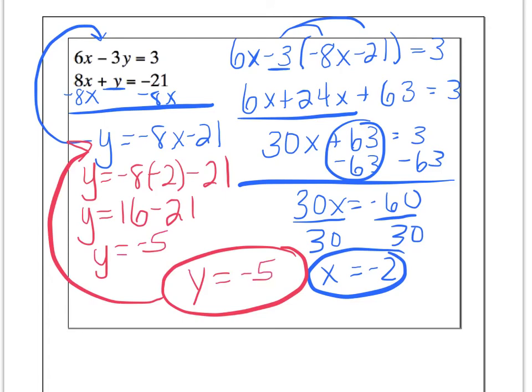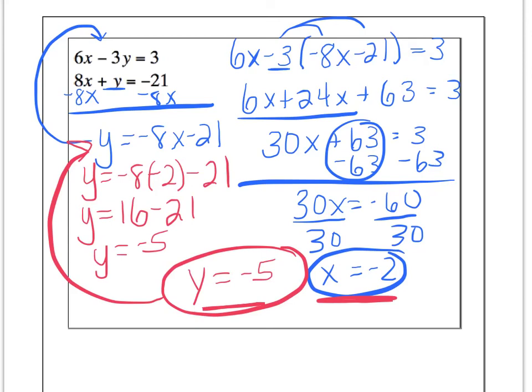Now, the one thing I want you to know is that what you get for your answers, like right here and right here, you should be able to plug back in to the original equations and it should work out. So those of you who check over your work, you can guarantee that you would have the correct answer. So I'll do it for this first example, but you can do it for all of them.